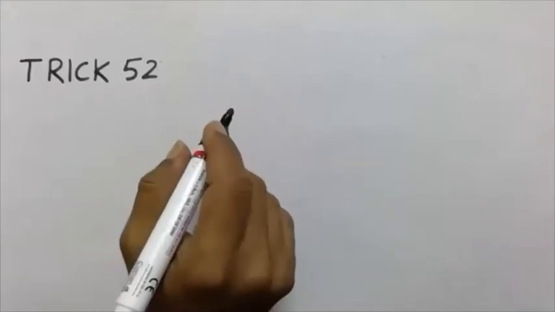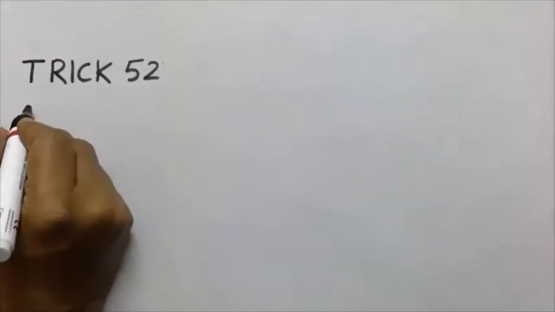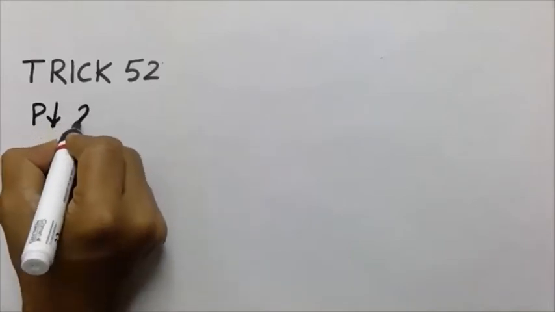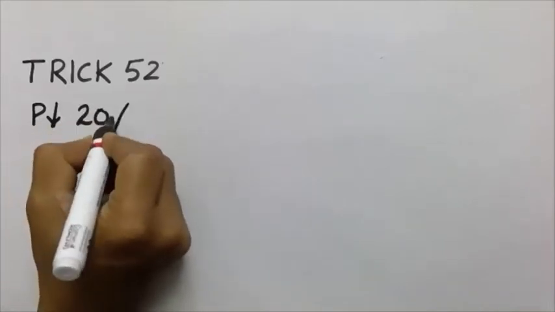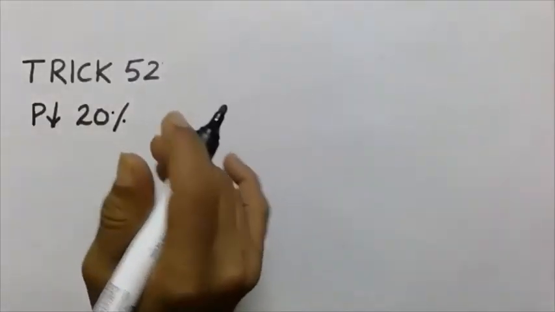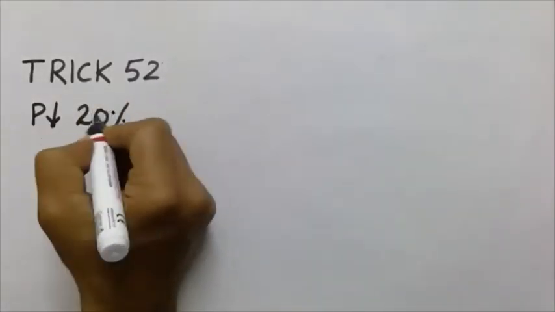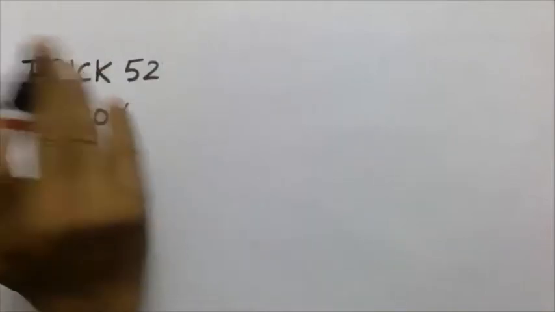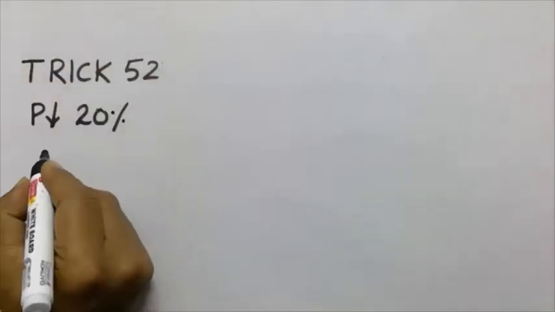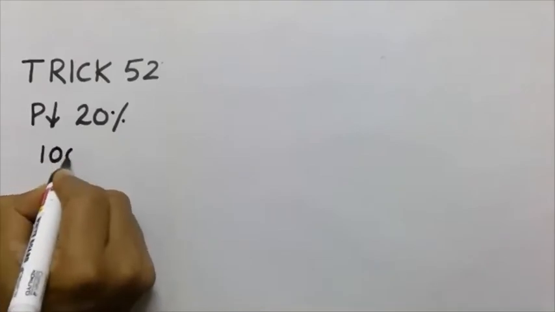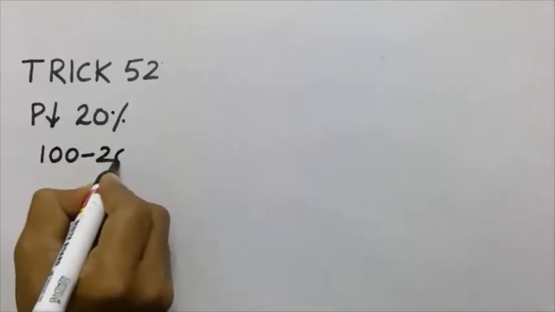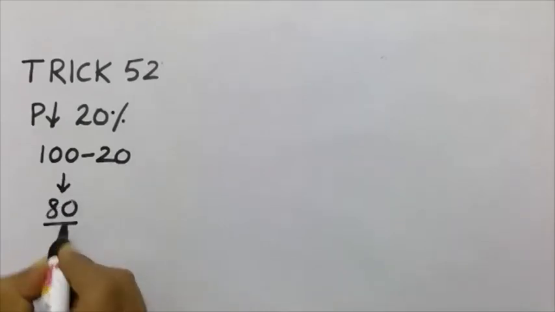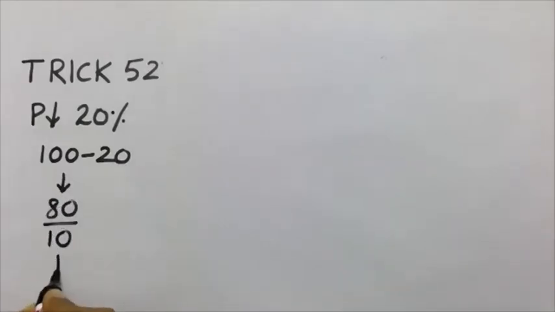Now a little bit of change. If at all momentum decreases by 20%, then what to do? In the earlier trick, we added this 20 to 100. Now you subtract this from 100. So 100 minus 20. What will you get? 80. Divide by 10.